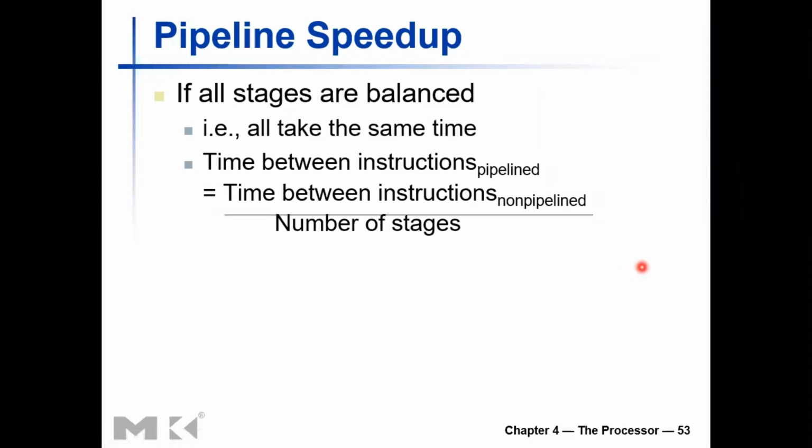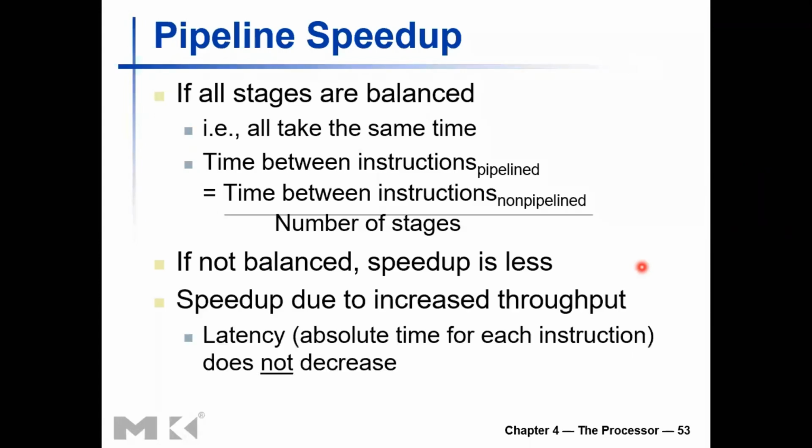So the number of stages in the pipeline is the maximum throughput increase, or maximum speedup, that we can gain. But in reality it's a little less than that, because it's not possible to divide the workload exactly evenly between these stages in real implementation. So if not balanced, the speedup is less, but still it's really good.